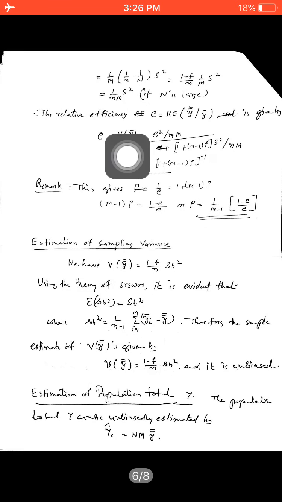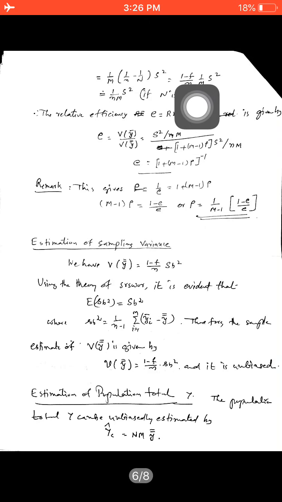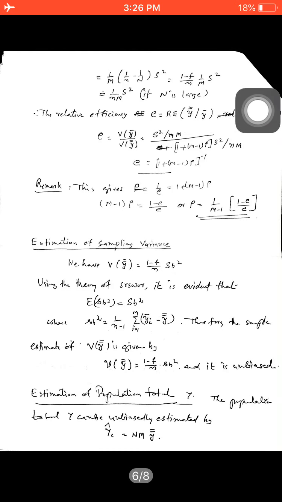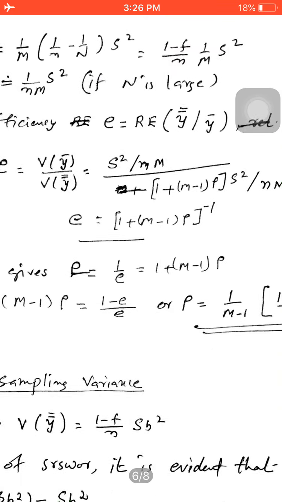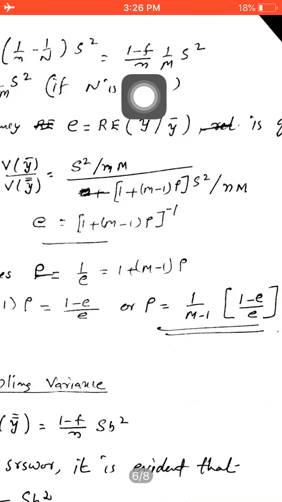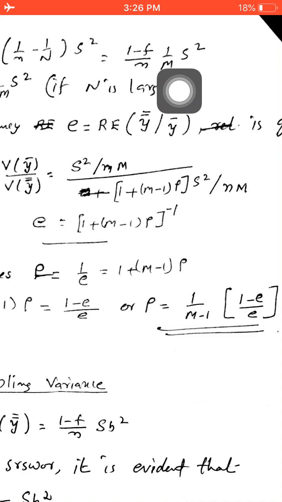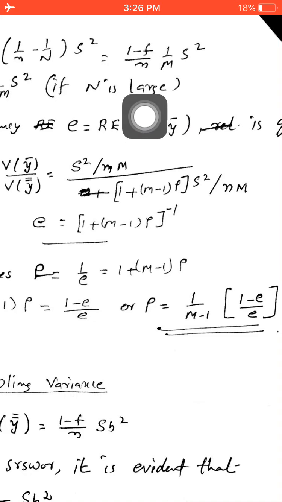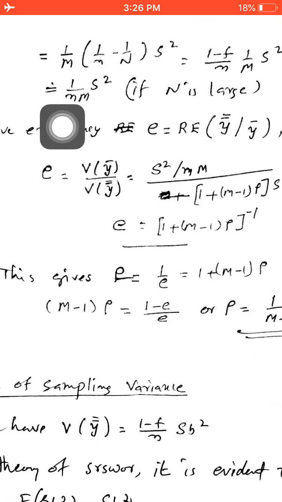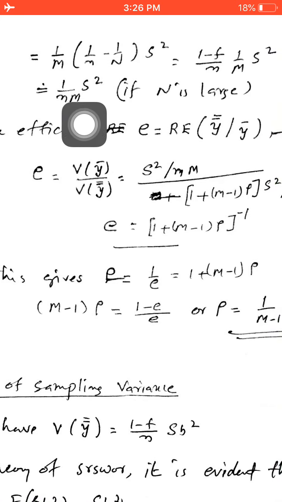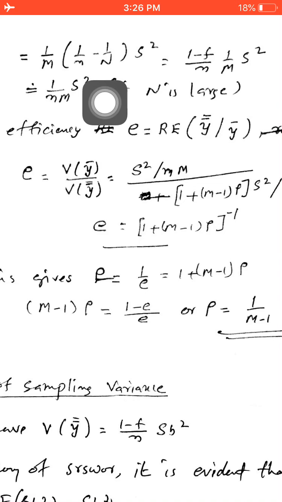And you can see that this can be simplified as 1 minus f by n into 1 by m into s square. See? Because 1 by m can be taken outside. And if n is large, then it has an approximate value 1 by n into capital M into s square.